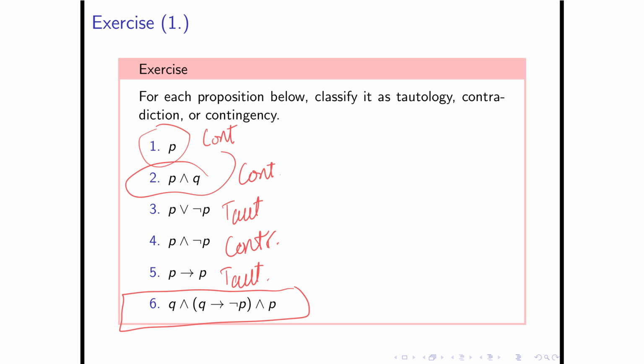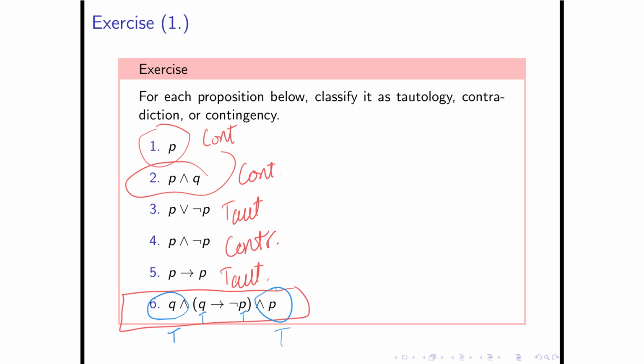If we're going to try to make it true, then we're going to have to set Q equal to true. And we're also going to have to set P equal to true, because if we did set either of those to false, this conjunction would evaluate to false. Having made those choices, we have to make them consistently throughout.